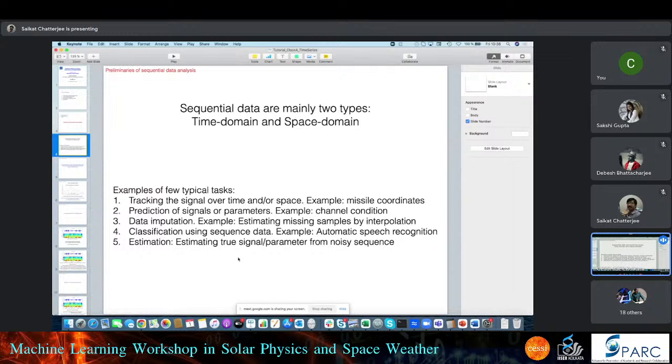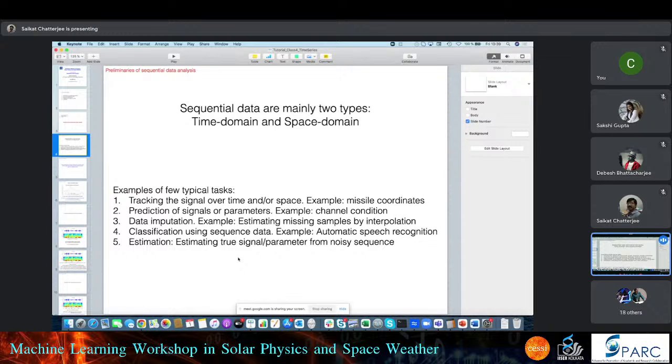Then comes estimation. For example, let's say there is a noisy sequence. You have a true time series, but you are not able to see the true time series; you are seeing its noisy version. From the noisy version, you have to estimate the true time series. That is an estimation problem.